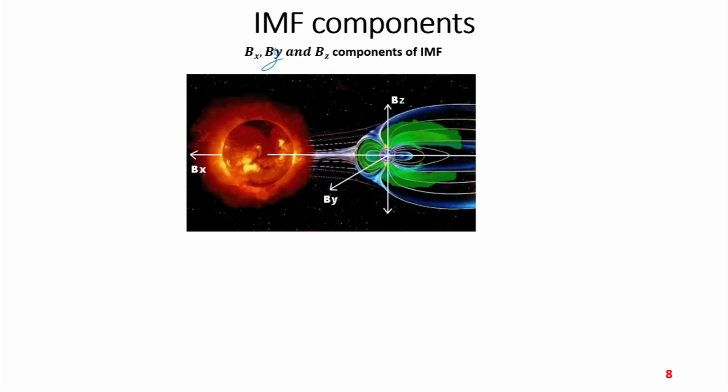We consider the z axis to be the line which connects the south magnetic pole and the north magnetic pole, north to south. The x axis is the line connecting the Earth to the Sun.